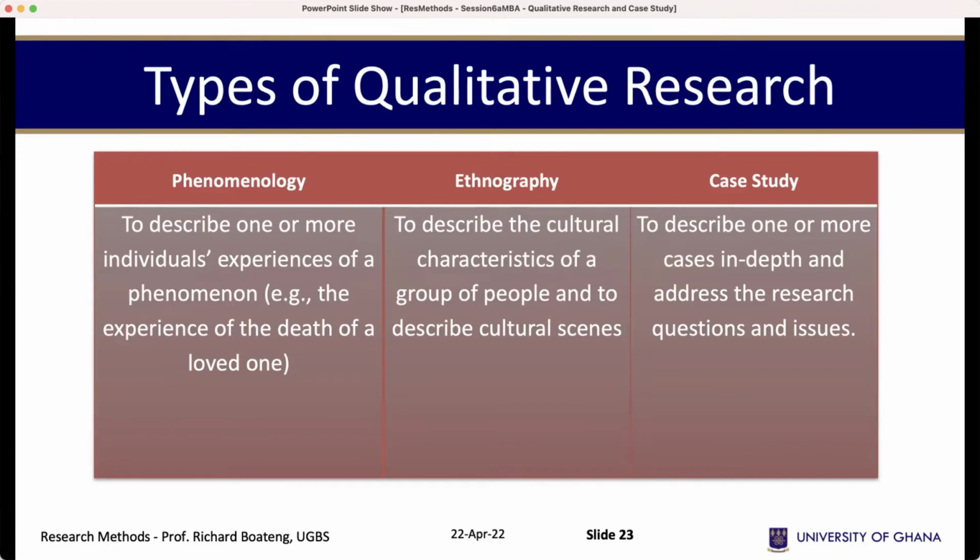So in case studies, you have a real world instance of a phenomenon and you're trying to study it by collecting data about it to be able to understand or describe or explain what is occurring within that phenomenon. Whilst phenomenology is more reflective, case study takes an approach of looking at contemporary issues and describing what is occurring there.